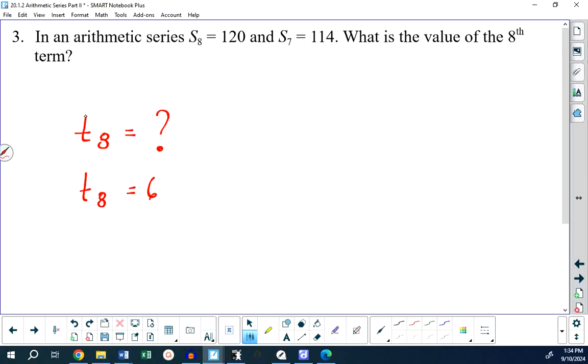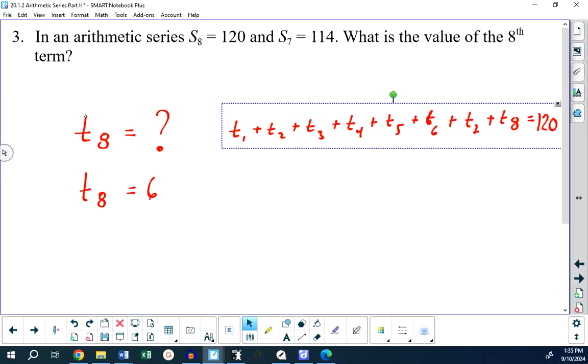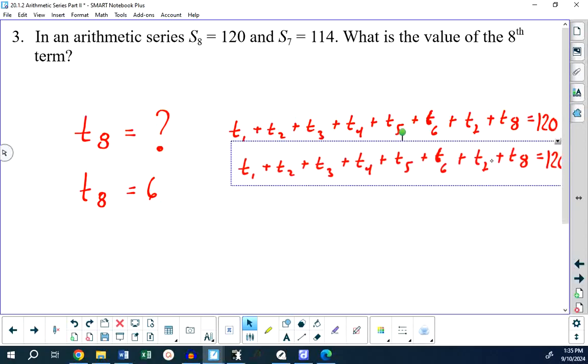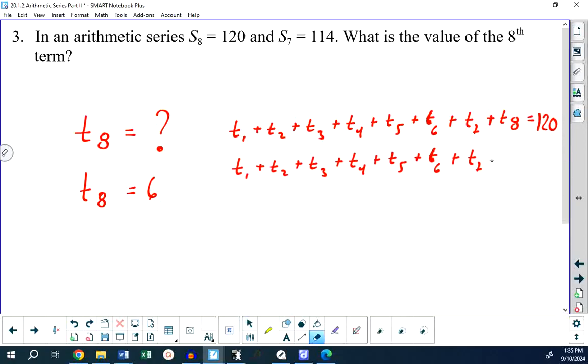I don't think you need to do this. I think you need to see what's going on. I'm going to write T1 plus T2 plus T3 plus T4 plus T5 plus T6 plus T7 plus T8 equals 120. And below that, I'm going to write T1 plus T2 plus T3 plus T4 plus T5 plus T6 plus T7 equals 114.